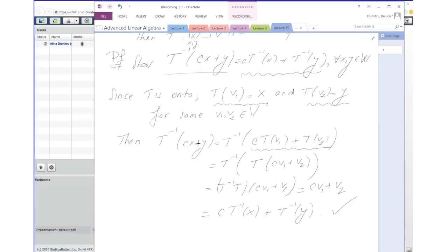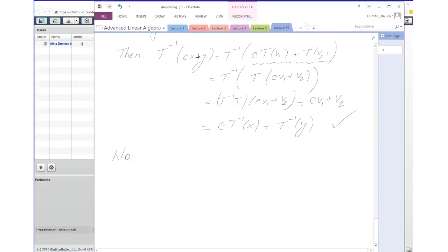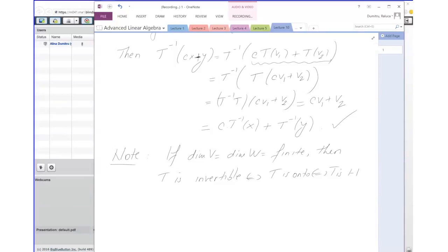So note, if V and W have the same finite dimension, then T is invertible if and only if T is, let's say, onto, if and only if T is one-to-one, because we showed that onto and one-to-one were equivalent in this setting.